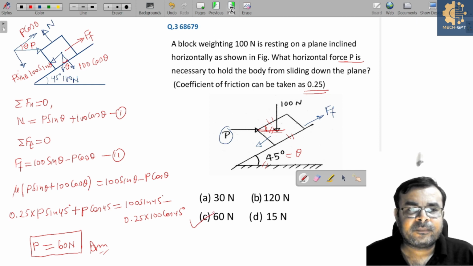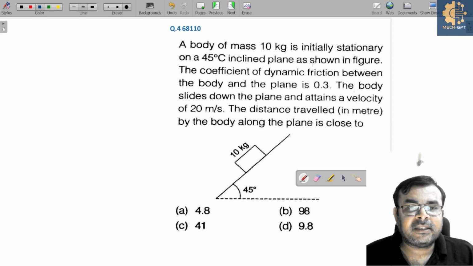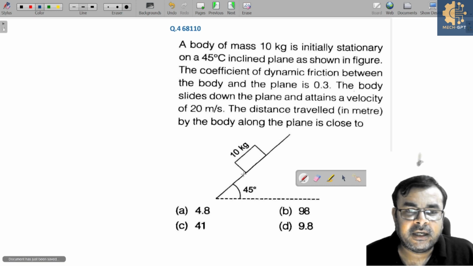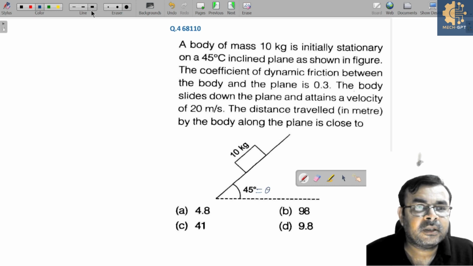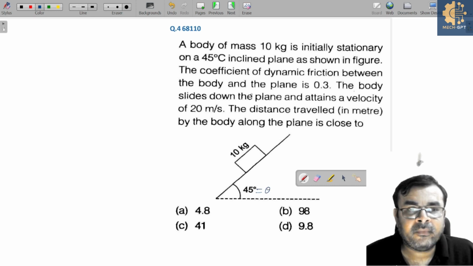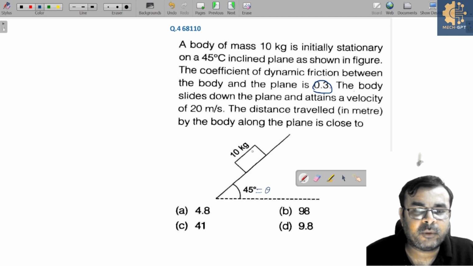Is that clear? A body of mass 10 kg is initially stationary on a 45-degree inclined plane. You can see this is a mass on an inclined plane, which is inclined at 45 degree, and let us say this angle is theta. Is that clear? The coefficient of dynamic friction, you can see here, is equal to 0.3.